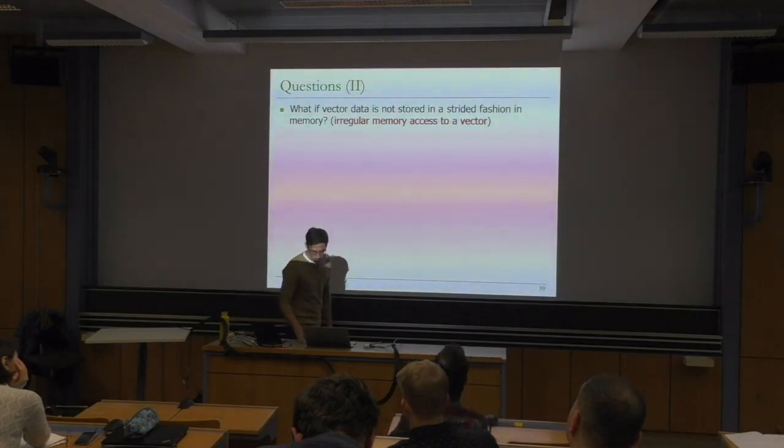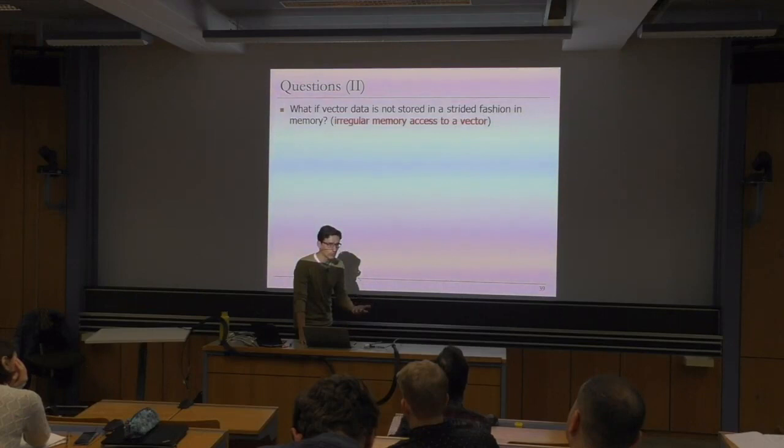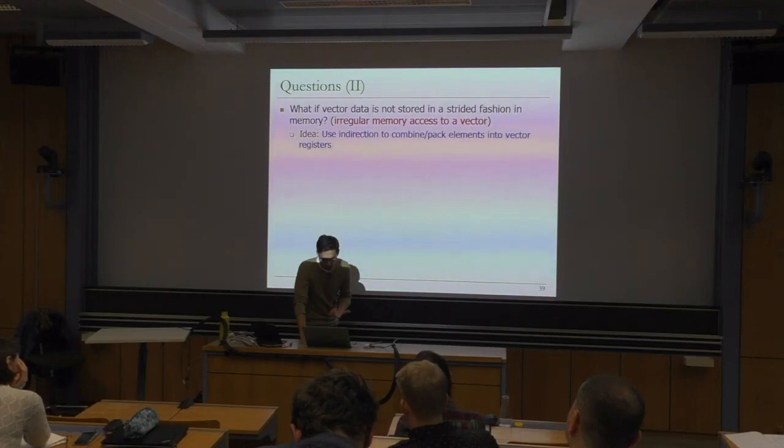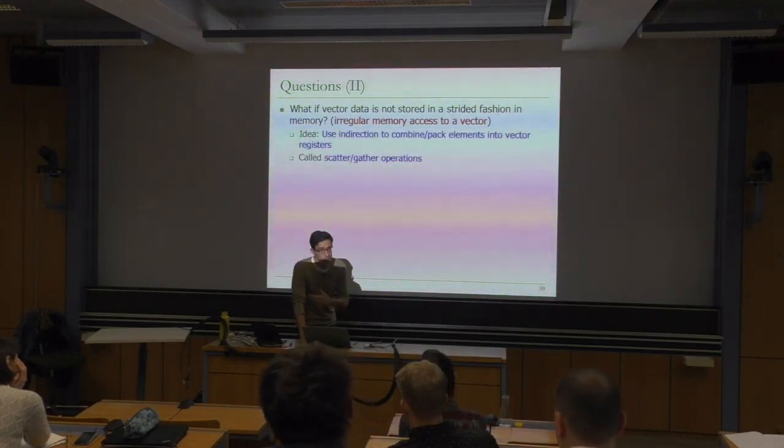This also applies here. If we are operating on dense matrices, that's perfect, because the accesses are going to be regular. We will see an example soon. But if we are operating on sparse matrices, it's not going to be like that.